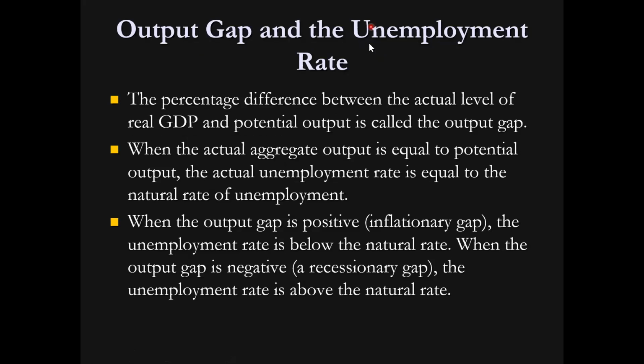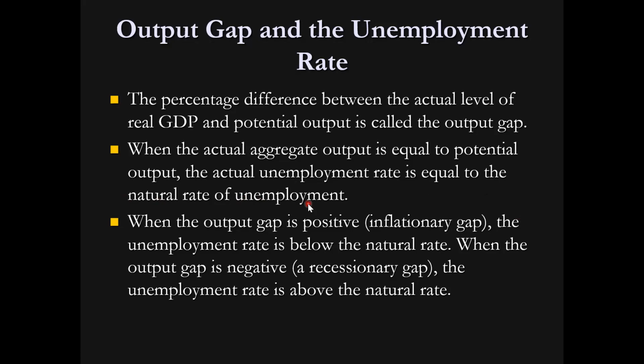Because of the two types of inflation, we have an output gap and an unemployment rate. The percentage difference between the actual level of real GDP and potential output is called the output gap. When the actual aggregate output is equal to potential output, the actual unemployment rate is equal to the natural rate of unemployment.